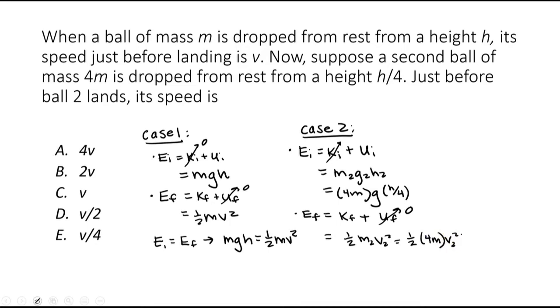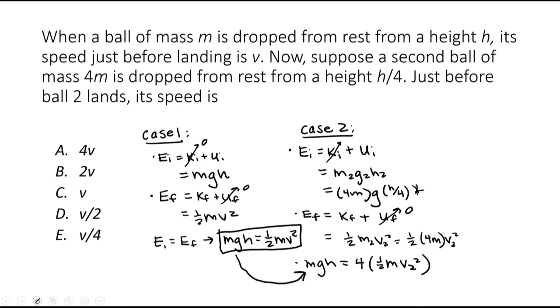Now I can set my initial and final energies equal to each other for the second case. So remember, E initial was just mgh, which is equal to my E final, which is 1/2, let's pull that 4 out, so 4 times 1/2 mv2 squared. Looking at case 1, I found that mgh was 1/2 mv squared. So I'm just going to plug that in for mgh over here in case 2.